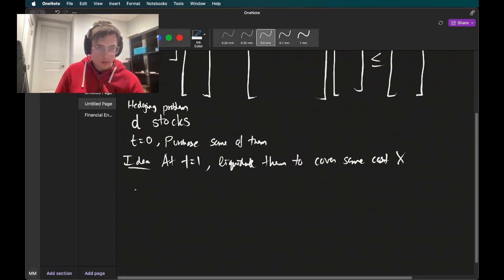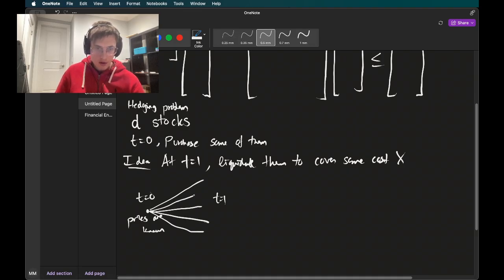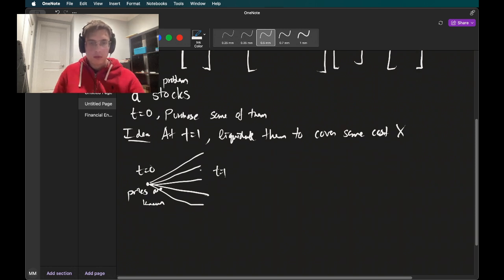So at t equals 0, the prices are known. But at t equals 1, a lot of things happen. These are all possible different things that might happen at t equals 1. A lot of it's random, right?